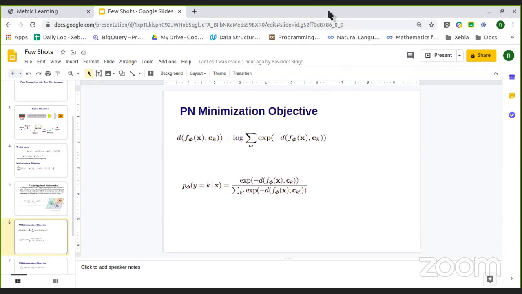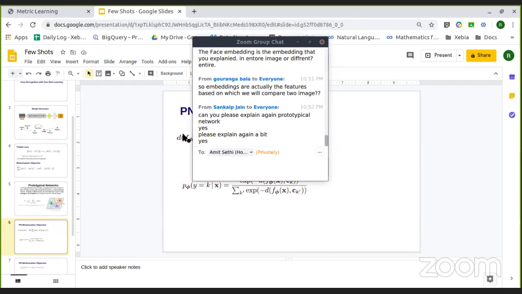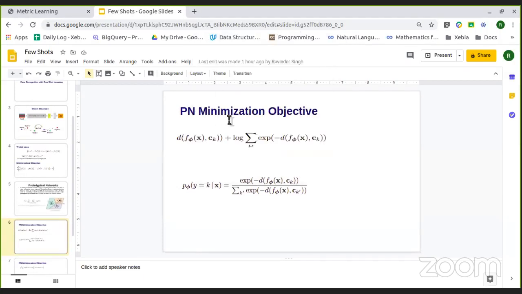I was explaining for Sankalp. So Sankalp, you are clear with that. Here we are doing the minimization objective. Our objective is the negative log probability.